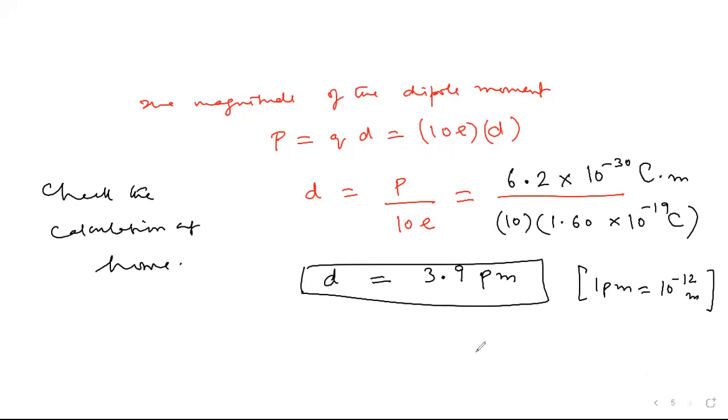So let us move to part B of the solution. So let me use the next page. In part B, when a dipole is placed in some electric field, there will be some electric field in certain space.